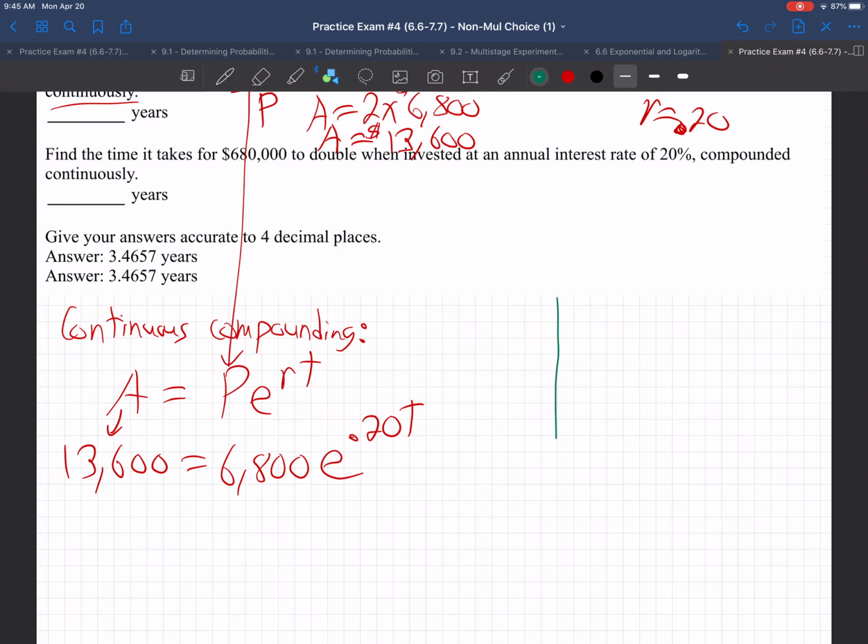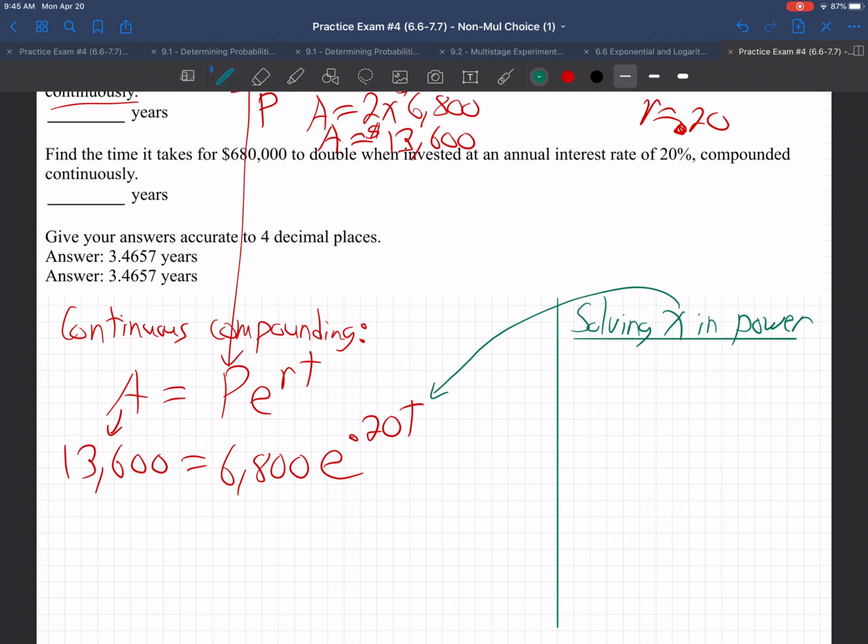Let me come over here and give a good game plan here. So solving when the X or T or whatever is in power, when it's up there in the power zone. How do you solve for something when it's up there in the power zone like that?